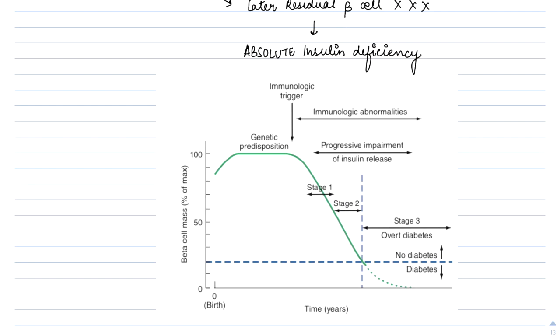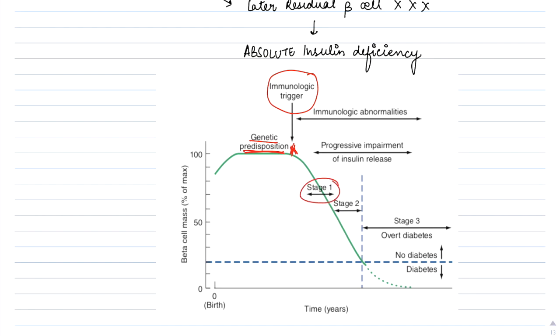So we can say that individuals with a genetic predisposition are exposed to a trigger at a certain point that initiates the autoimmune process of beta cell destruction.